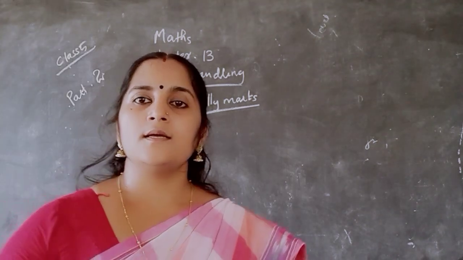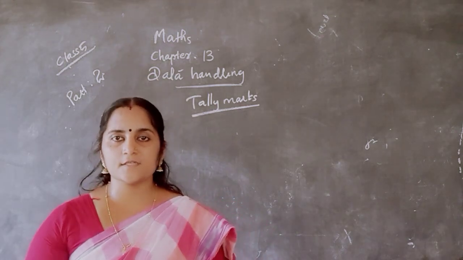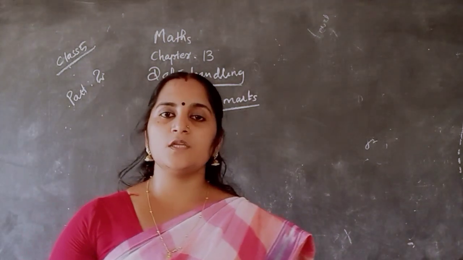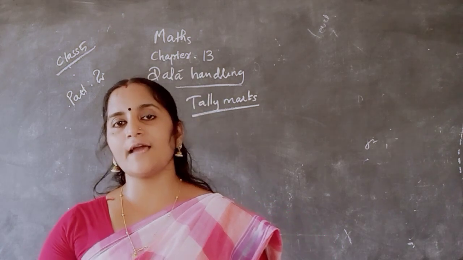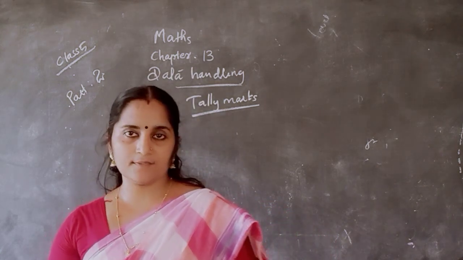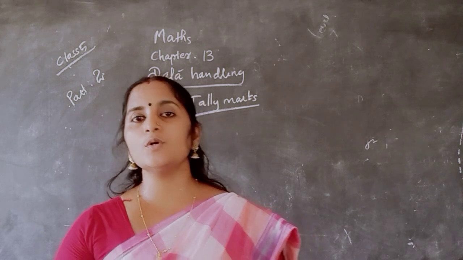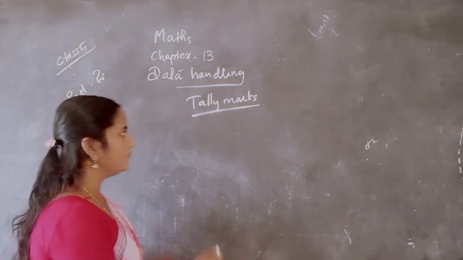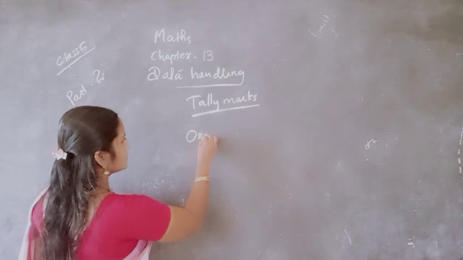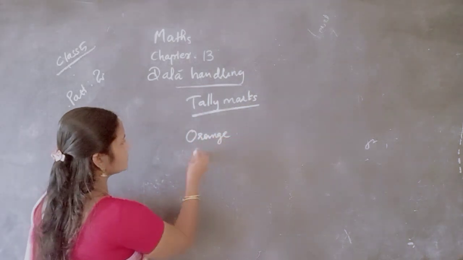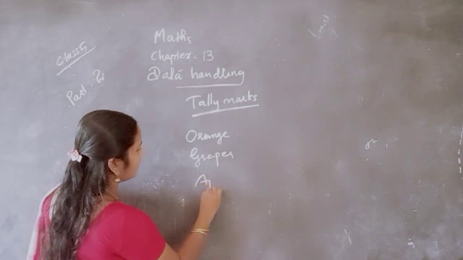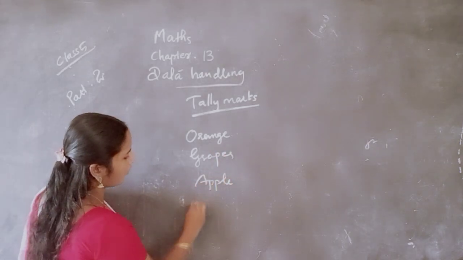Okay. Now we discuss this using an example. For example, suppose in a shop different types of juices are there. Some bottles are there. We want to represent it using tally. For example, orange juice, then grapes, apple, mango.